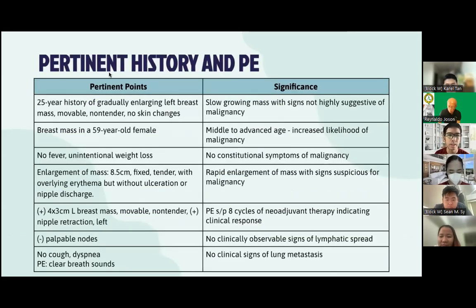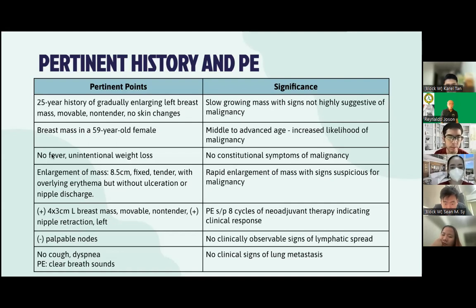So here, to summarize, here are the pertinent points in the history and the PE. So she presented with a 25-year history of a gradually enlarging left breast mass, movable, non-tender, with no skin changes. So at first, it was a slow-growing mass with signs not highly suggestive of malignancy. But a breast mass in a 59-year-old female may increase the likelihood of malignancy.